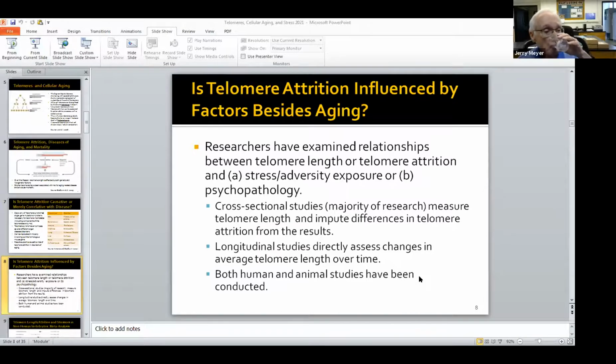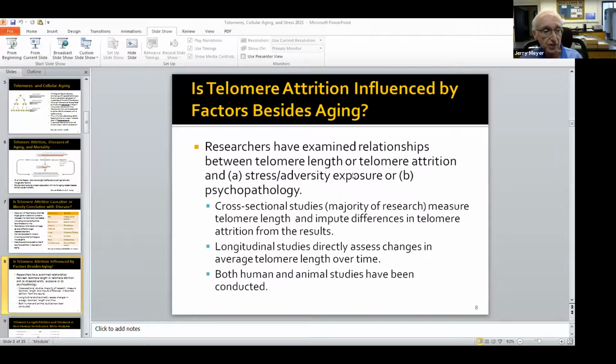So now we get to the nub of the issue for us. I've already shown you how telomere attrition is something that occurs during aging, but are there other factors besides aging itself, besides time itself, that can influence telomere attrition?